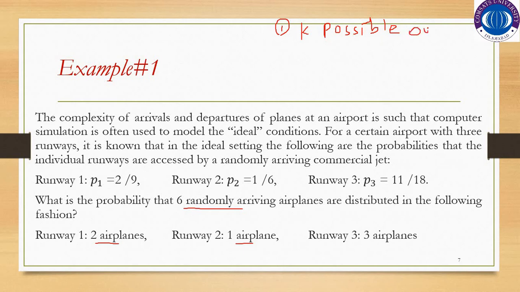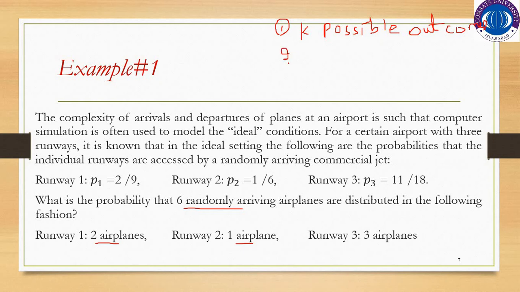Here you can see that we have 3 runways: runway number 1, runway number 2 and runway number 3. An airplane can arrive at runway 1, runway 2 or runway 3, so we have 3 categories. So the first property is fulfilled here.